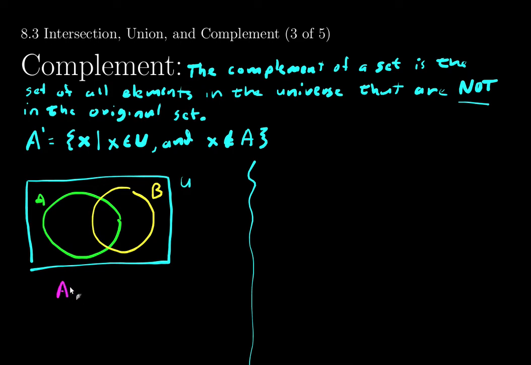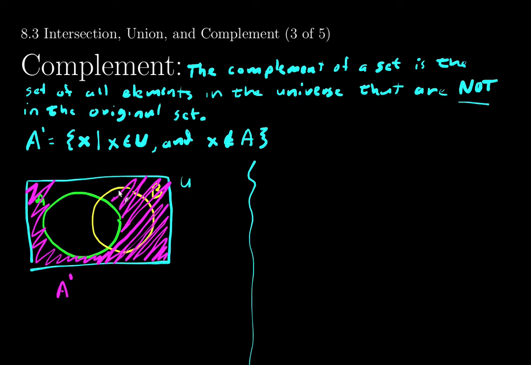If I want to find what is in not A, or the complement of A, I know that this green shaded region is what is in A. So everything that was not shaded in that green shaded region is in the complement of A. So that would include everything down here and everything around here.